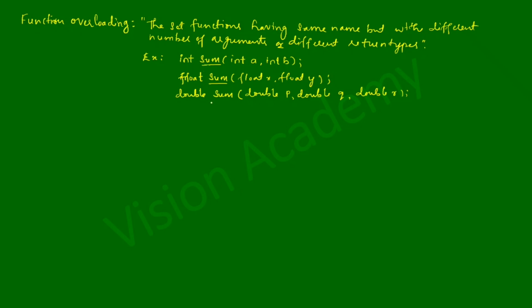So here you can see sum and sum is a single interface, and we have many methods with different return type or different number of arguments. Here in this particular function declaration we have got three arguments, and in previous two function declarations we have two arguments each, but the return type is different.